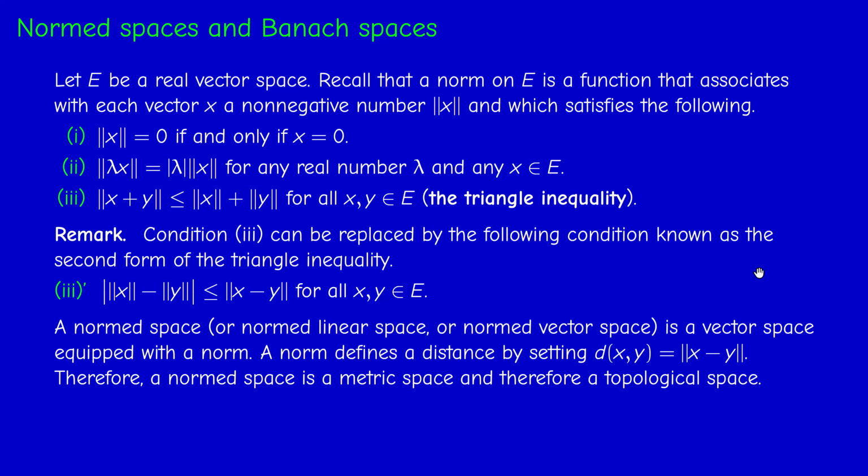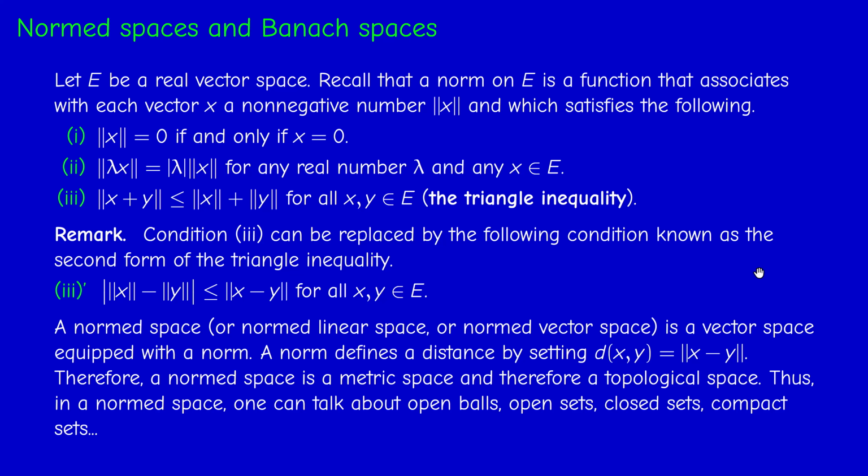And therefore, a norm space is a particular case of a metric space, and therefore, it's a particular case of a topological space. So in a norm space, we have the notion of open ball, open set, closed set, compact sets, convergence, and so on.